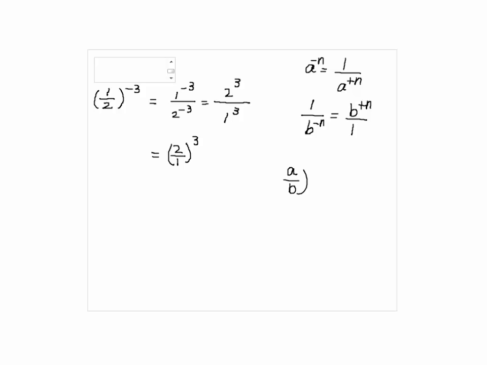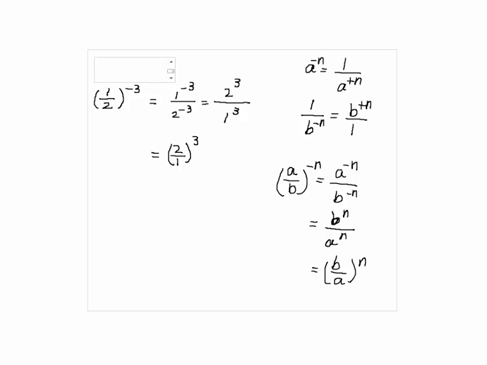So you notice that when we have a fraction like a over b to the power of minus n, we can write this as a to the power of minus n over b to the power of minus n. And as you see, b goes to the top of the fraction to become positive for the exponent, and a goes to the bottom of the fraction.